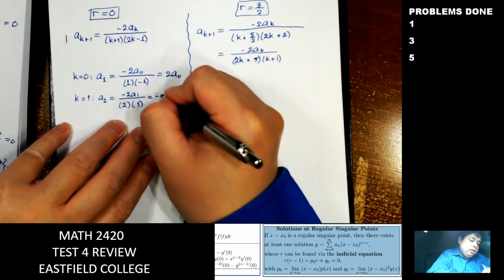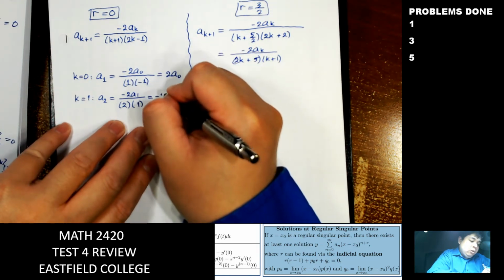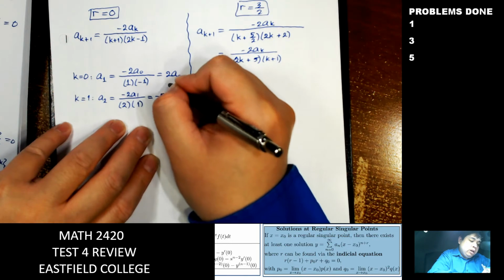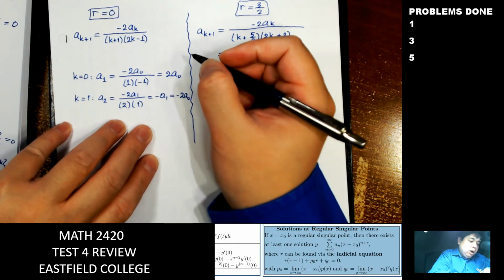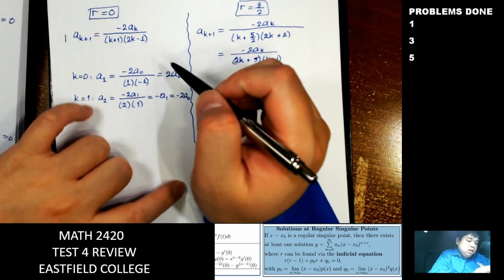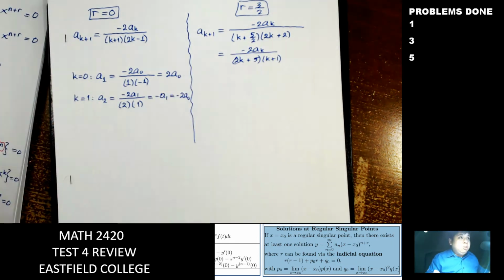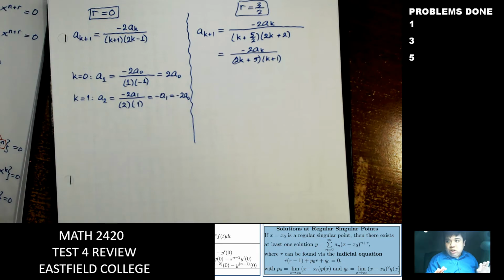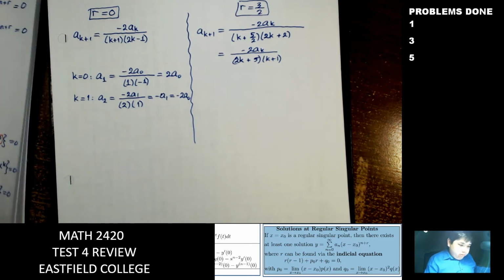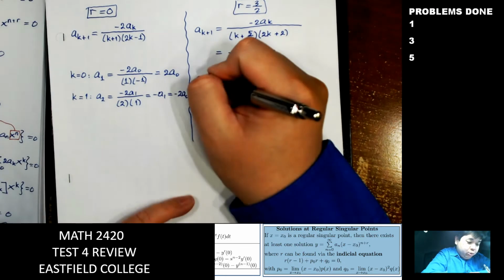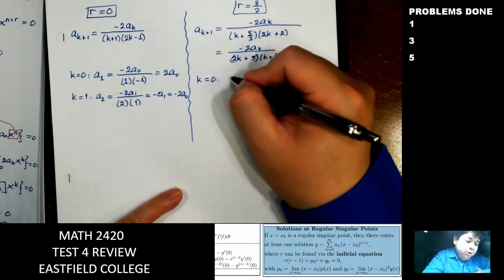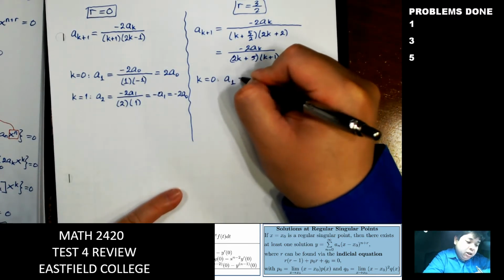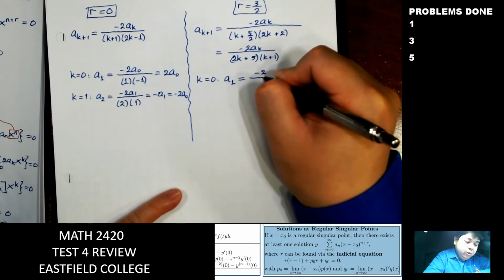We have negative a1, which is going to be negative 2a0. Looks like we have a0, a1, a2, none of them equal to 0, so it's good. We have 3 terms. Yeah, I'm happy with that. Now we go to k equal to 0. K equal to 0, you have a of 1 equal to negative 2.